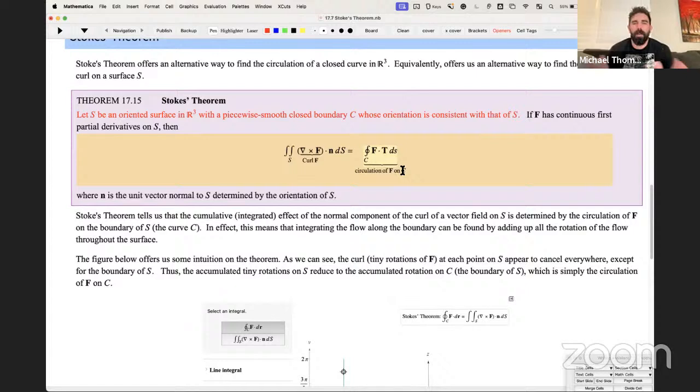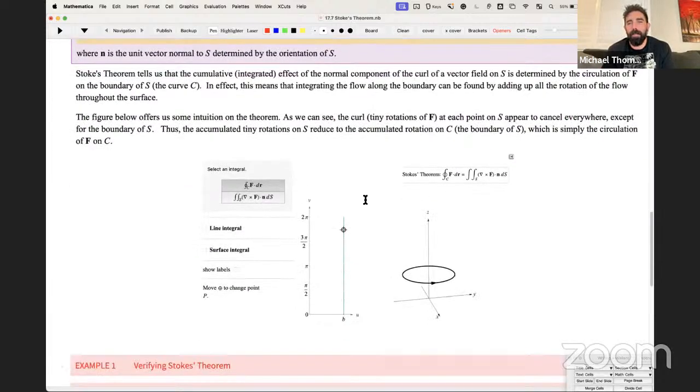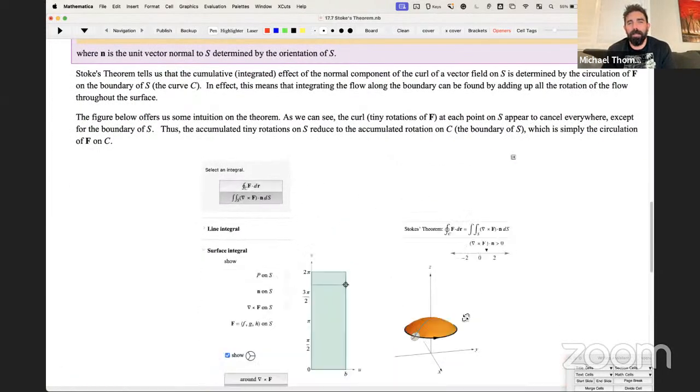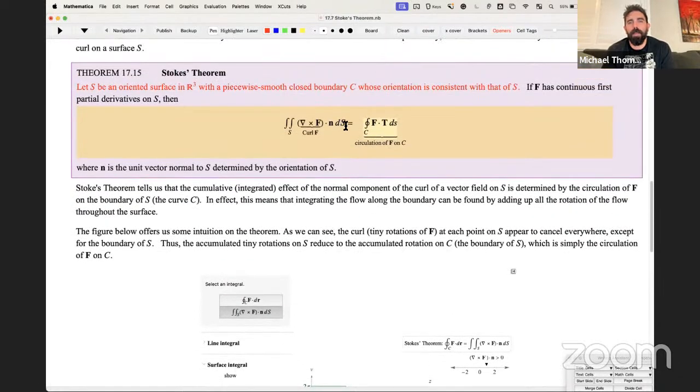It's got multiple parts, and you don't want to do all that work. What Stokes' theorem says is that you can just find any surface whose boundary is C, maybe something like this surface here. It doesn't have to be this one; really any surface will work. Then just add up all the components of the curl in the normal direction, and you'll get the same result. So it's possible that this might be easier.